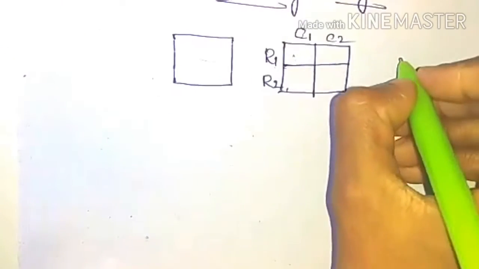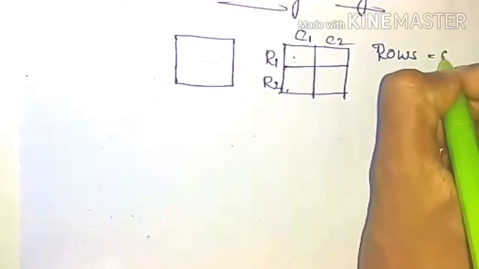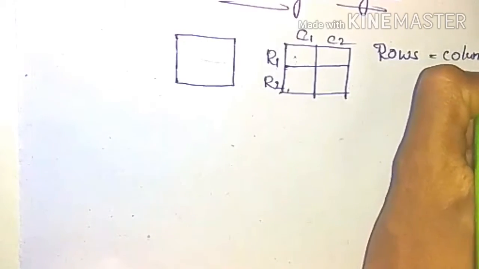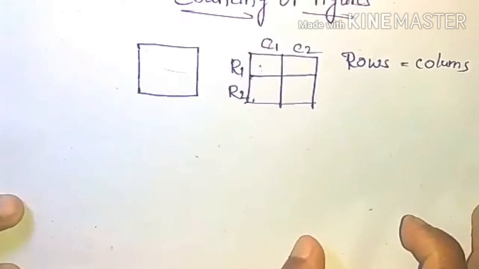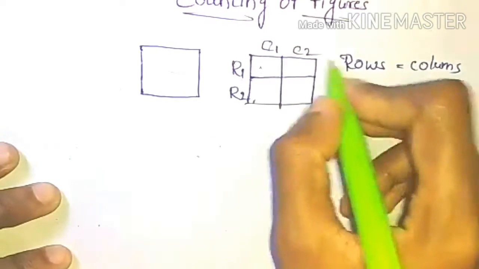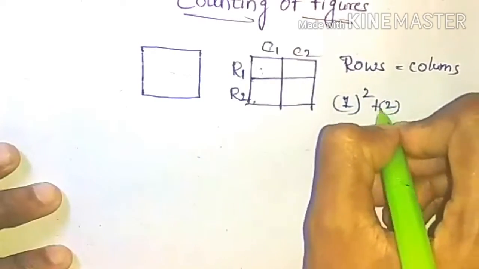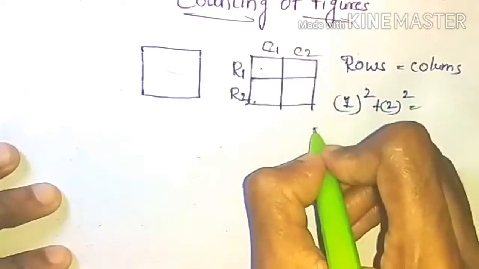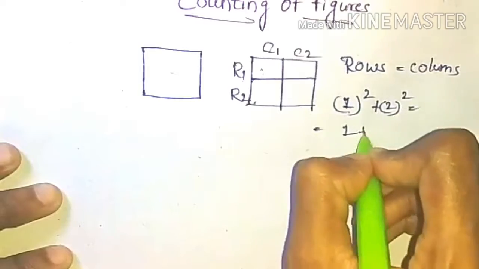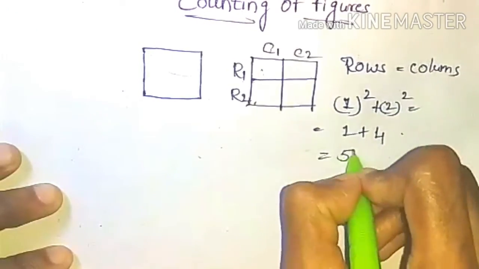So when rows equal columns, what we have to do is 1 square plus 2 square. What will we get? 1 square is 1 and 2 square is 4, so total it is 5.